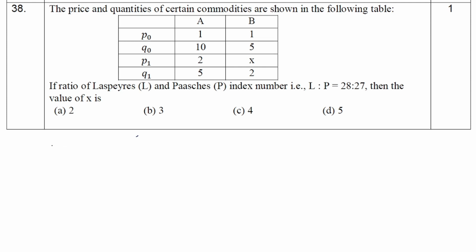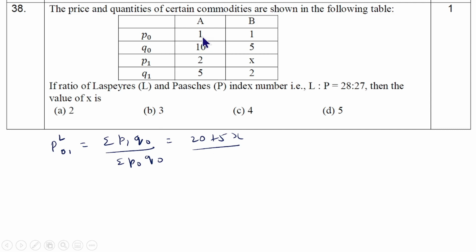So first let us find the Laspeyres index. So the Laspeyres index P01L is equal to summation P1 Q0 upon summation P0 Q0. So summation P1 Q0, so 2 into 10 plus 5 into X. So it is 20 plus 5X upon summation P0 Q0.